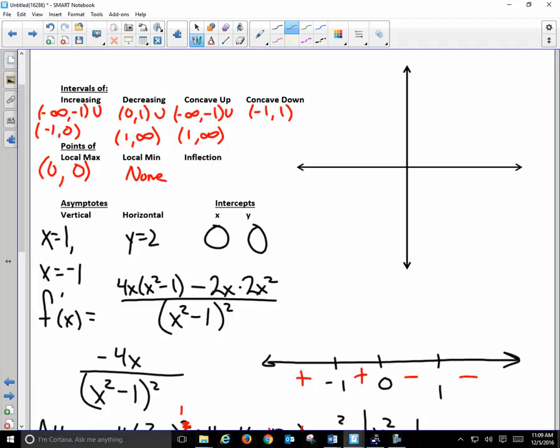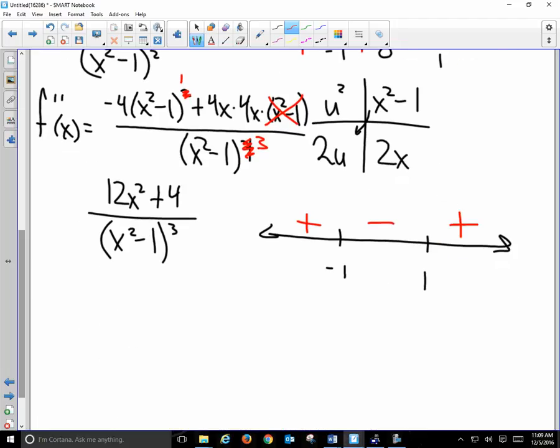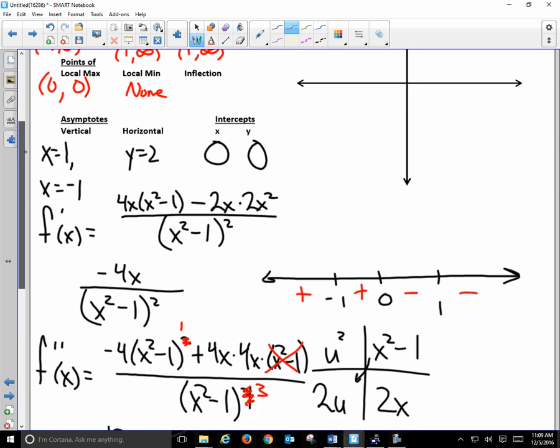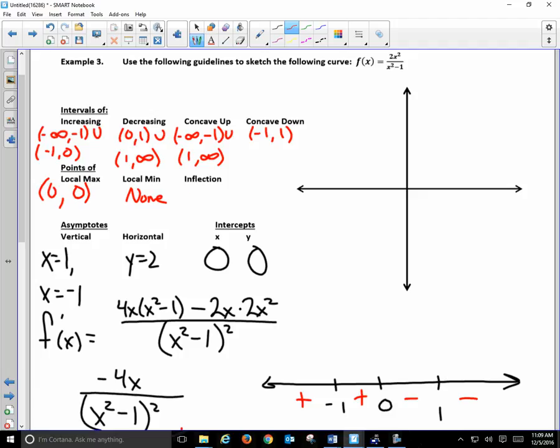Why do I not have points of inflection? Although I change sign at -1 and +1, they aren't part of my original domain. So I don't have inflection points. The original domain is all real numbers except x can't be equal to -1 or 1.